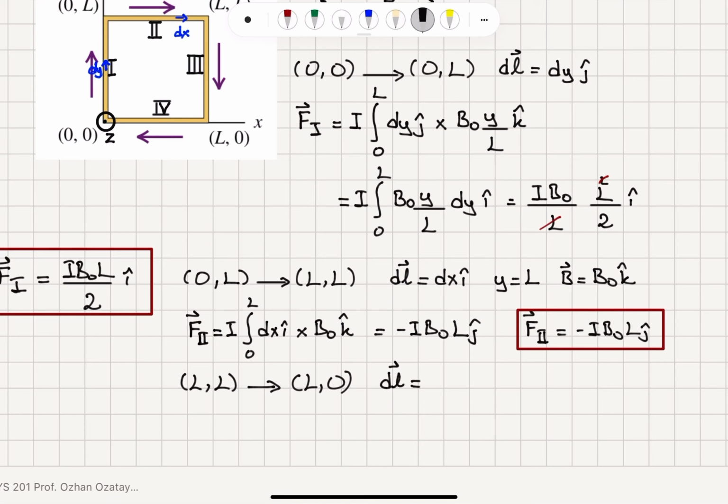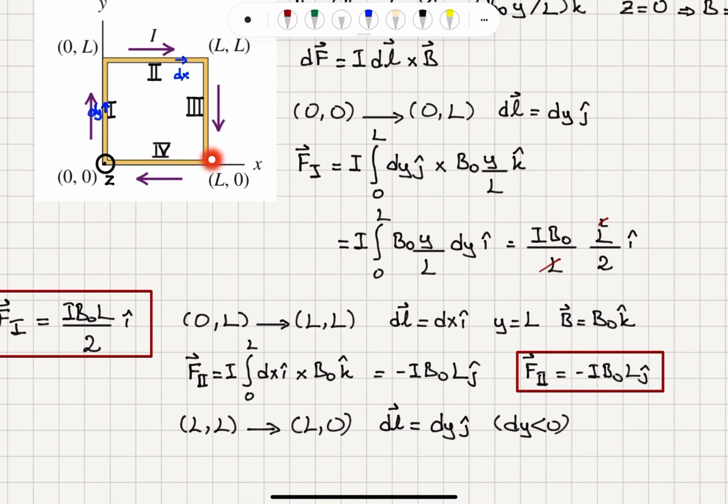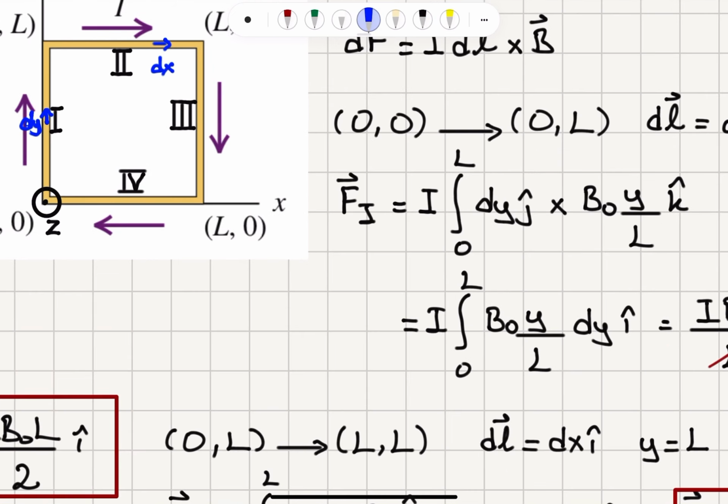The dl vector is dy in the j hat direction, but here dy is negative because I'm going in the negative direction, in the direction of decreasing y. So once again, this is going to be my dl vector, which has a magnitude dy.